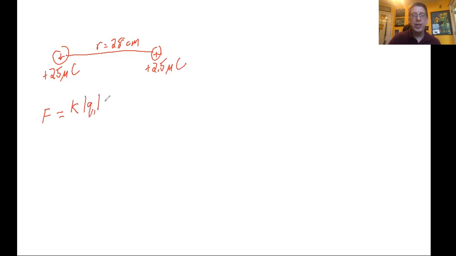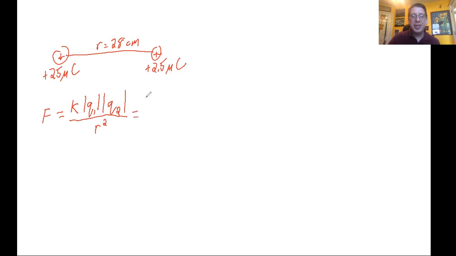Again, if you're only interested in the magnitude, the signs don't matter. Granted, they're both positive in this case, but if one of the charges were negative, the absolute value signs would matter. When you're talking about the magnitude of the vector, that's always going to be a positive number.